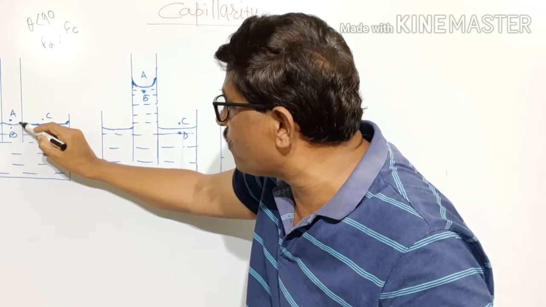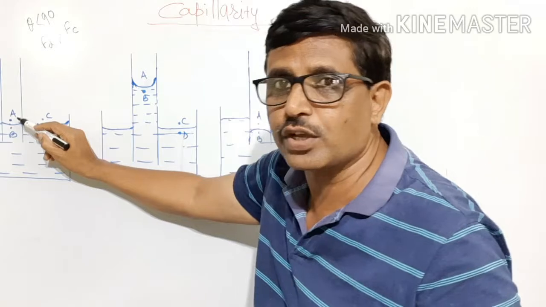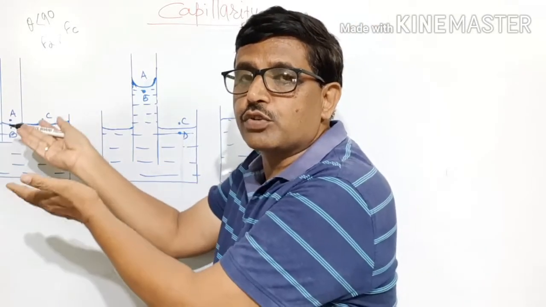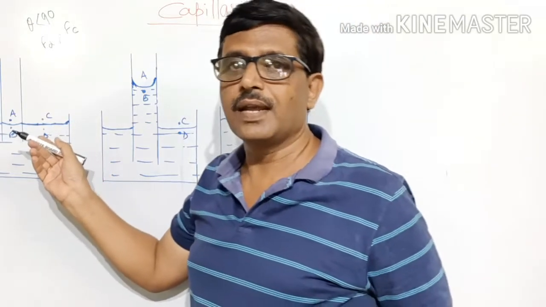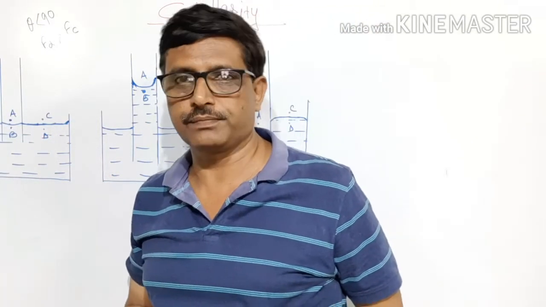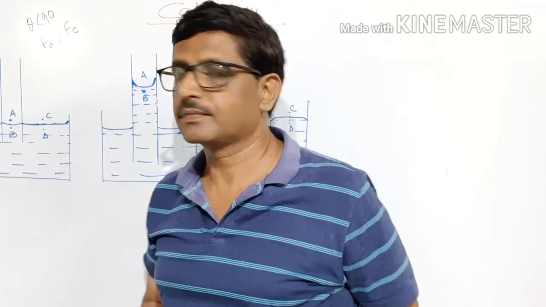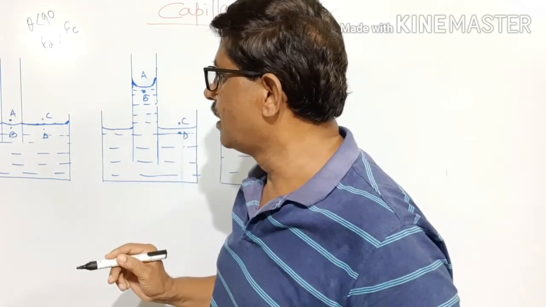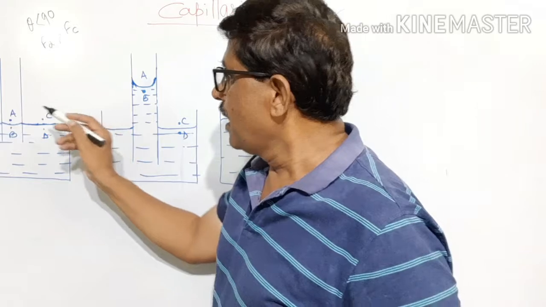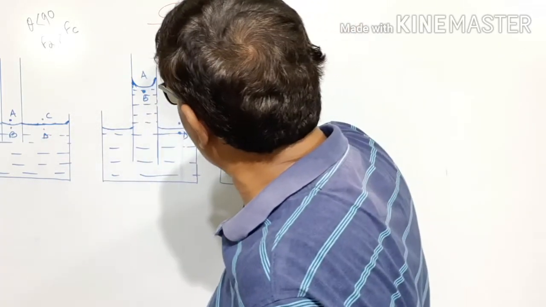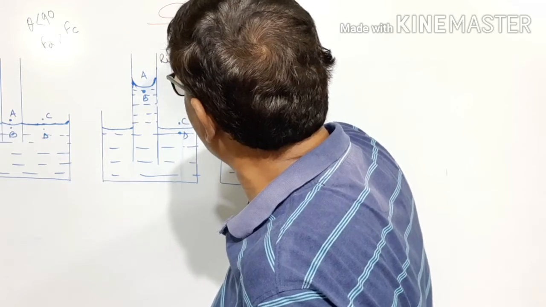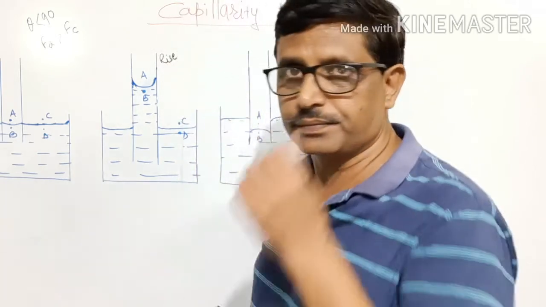Therefore, more molecules are attracted towards the solid and the molecules go up, and because of that the liquid surface becomes concave. And because of that, liquid rises inside the capillary tube. This is the rise of liquid inside the capillary tube.